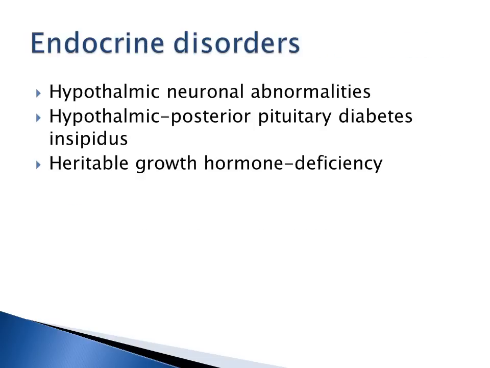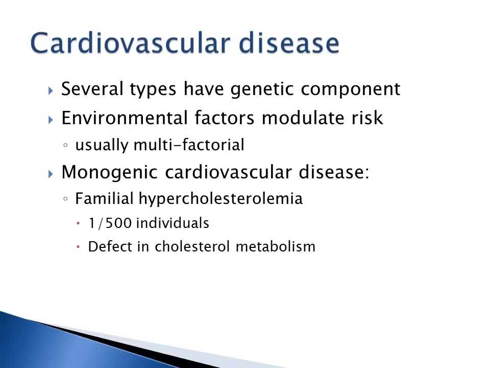We can use molecular techniques to look at various endocrine disorders, cardiovascular disease. The problem with cardiovascular disease is that environmental factors can play a role in it. So cardiovascular disease may be multifactorial.